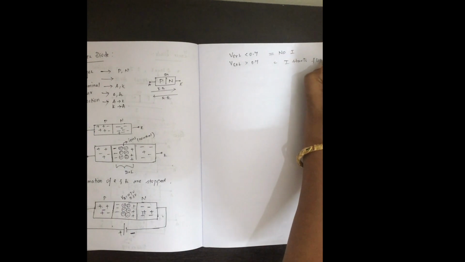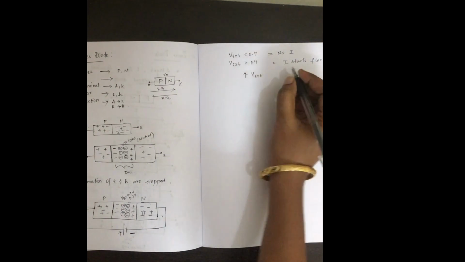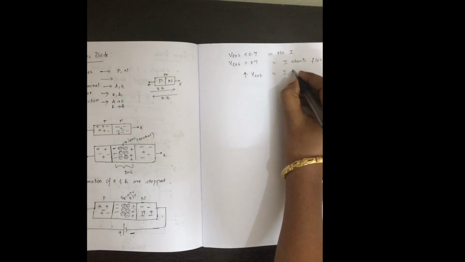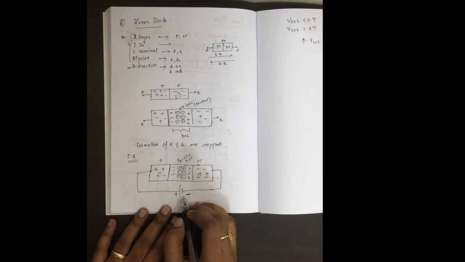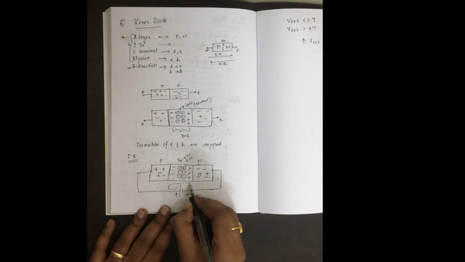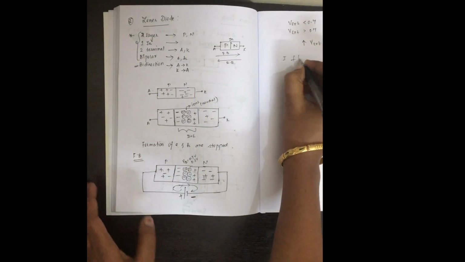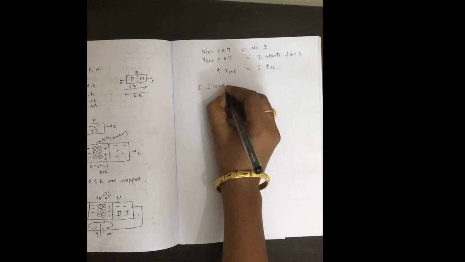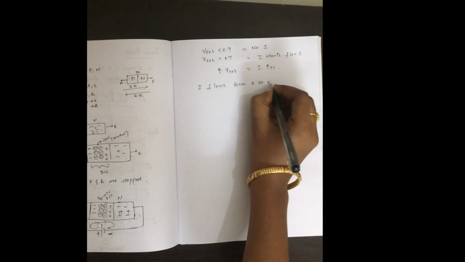Increasing the external voltage, the current also increases. The current direction will be from positive to negative, so the current direction will be P to N. So current flows from anode to cathode.